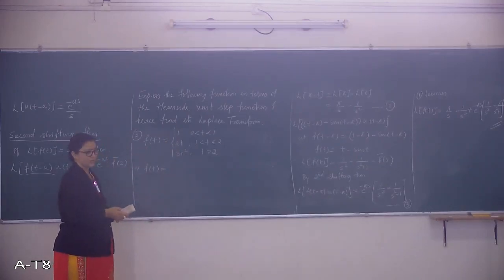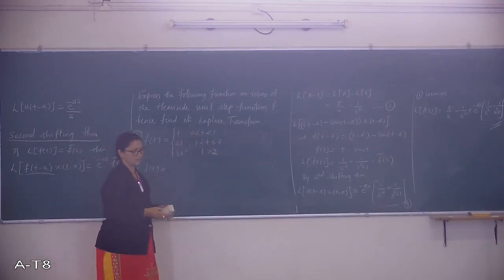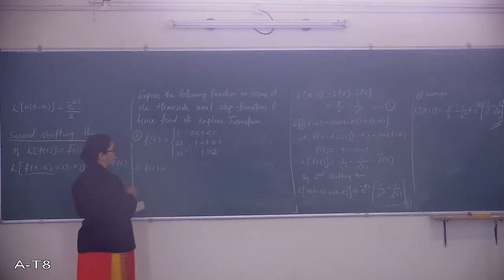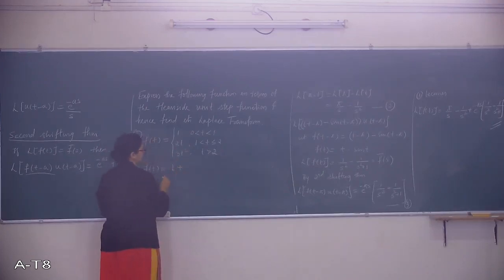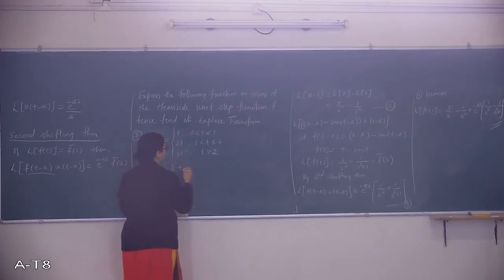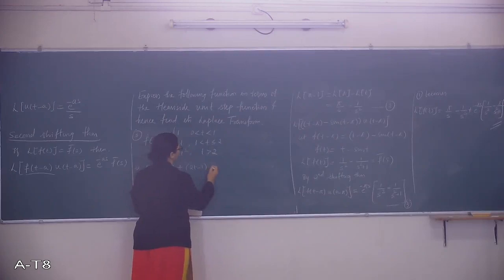They are given in discontinuous form, so we have to make it one function. Again we make use of the results. Your first one is 1, f1 of t we keep as it is, plus f2 minus f1, that is 2t minus 1, into u of t minus 1.